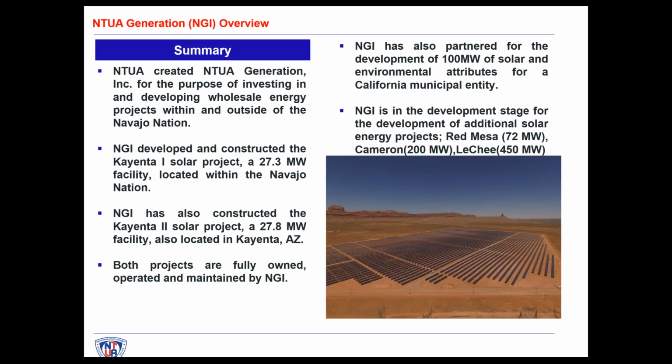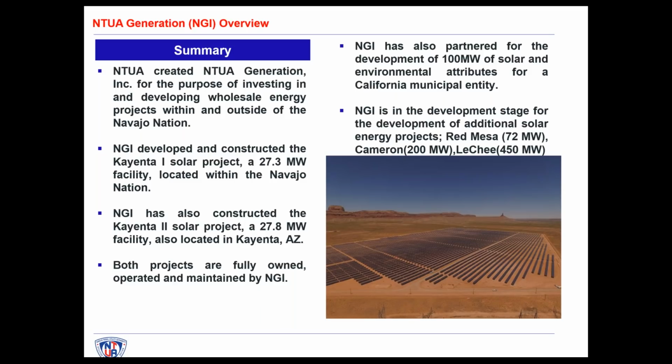Essentially, NGI is wholly owned by NTUA and has done all the development so far of our solar projects, which I'm going to talk about in a bit. The first one that was developed by NGI was Kayenta 1, a 27.3 megawatt facility located just south of Monument Valley, for those of you that are familiar with the Navajo Nation and the location of Monument Valley.